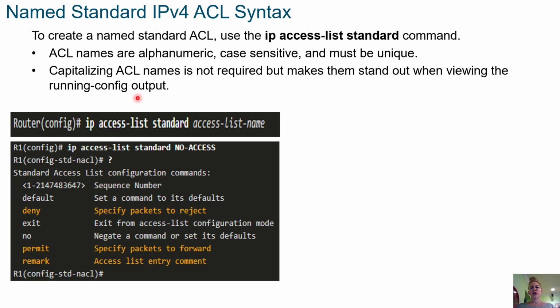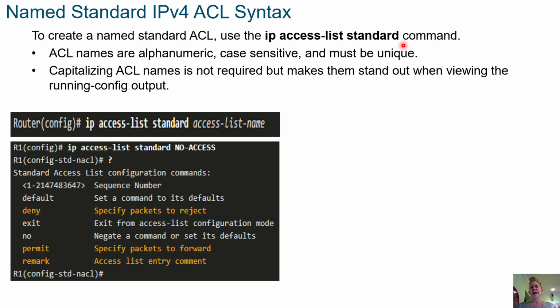So here, what do you notice the difference between the first command that we did with a numbered and now that we're doing a named standard access control list? Do you see the difference? It's right here. With a named access control list, we have to add the IP, and we're also telling the access control list we are writing a standard access control list.